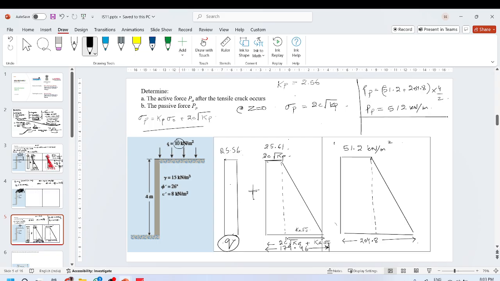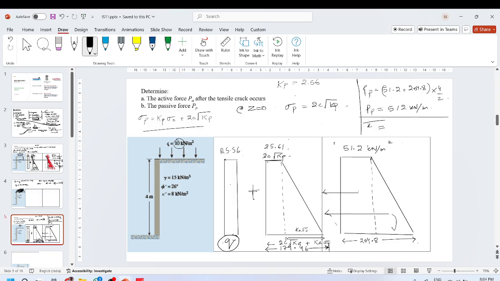Yes, madam. We can calculate the x bar, which will be based on these separate parts.